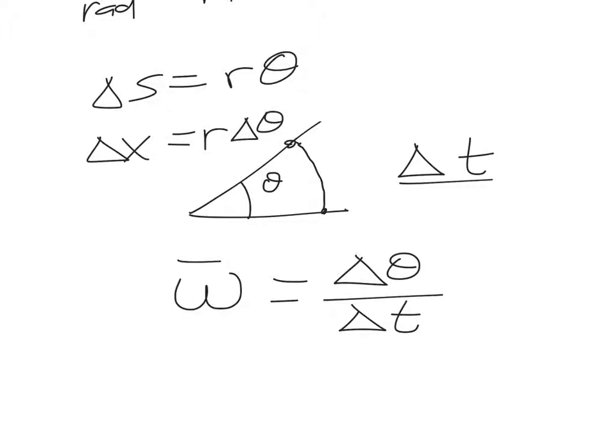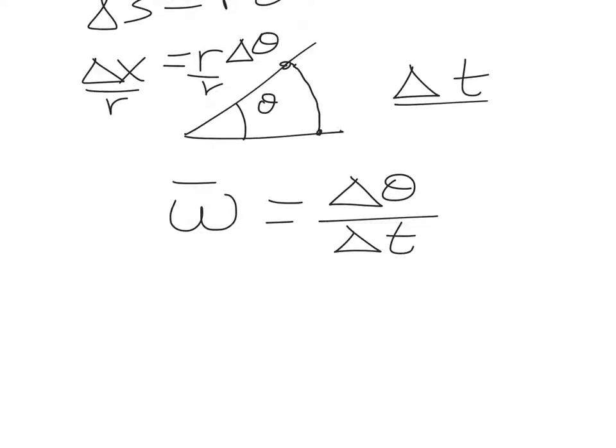All right, well, what I can do then is make a substitution if I divide by r on both sides. I can get that delta theta equals delta x over r. So I can say that omega should be equal to, instead of delta theta, delta x divided by r, and then a delta t on the bottom.